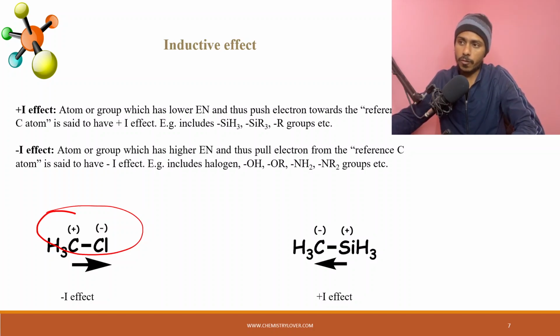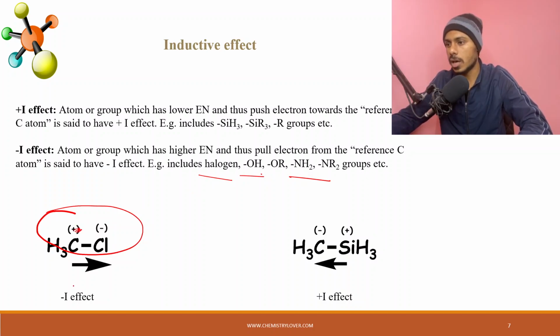When we study inductive effect, our reference is the carbon atom. If a more electronegative atom is attached to carbon, it may be chlorine or any other halogen, or an oxygen-based group or nitrogen-based group, then it will pull electrons from the reference carbon and induce a positive charge on that carbon atom.